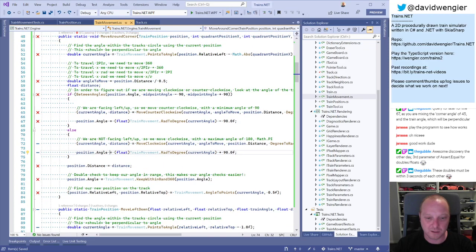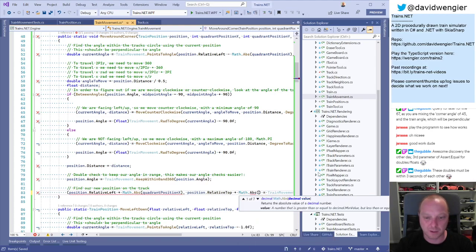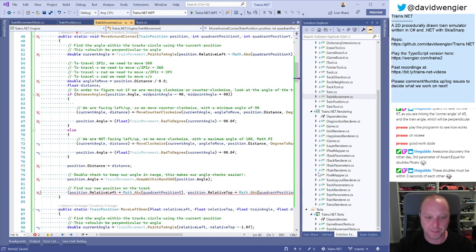Distance. Okay, and then here we need to add on our X back on again, and our quad position Y. Why do that one? Oh, whoops.